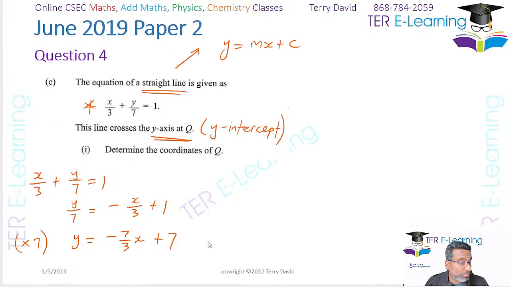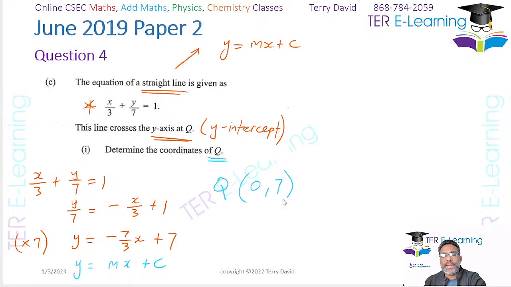Now that equation is in the form y is equal to mx plus c. They want me to determine the coordinates of the point Q. Remember, c is your y-intercept, so the point Q is simply going to be 0, 7.